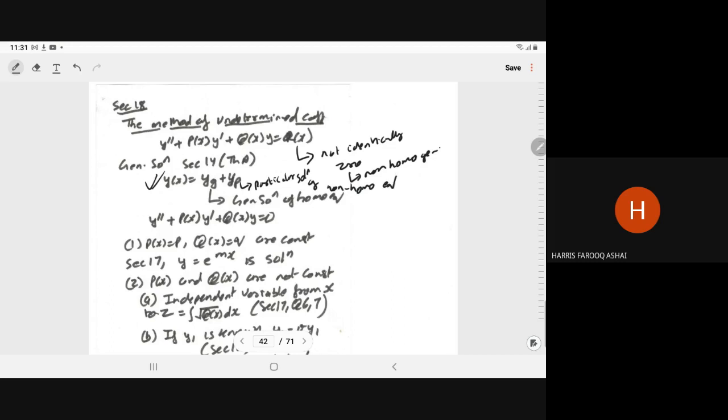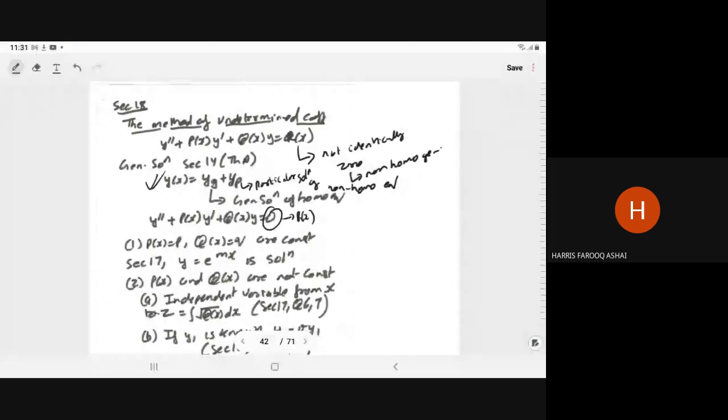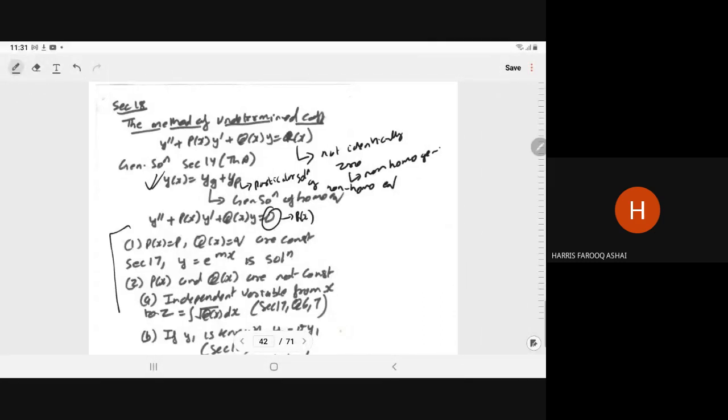So for the homogeneous equation, we assume rx as zero. So our equation will become y double dash plus px y dash plus qx y equal to zero. And for the homogeneous equation, we have studied the following cases.